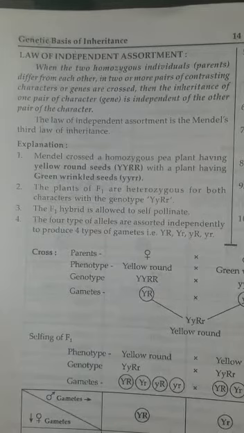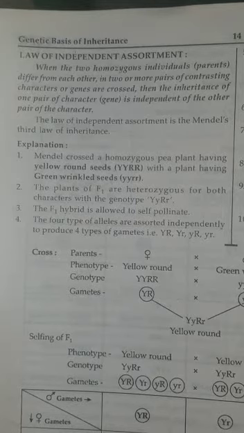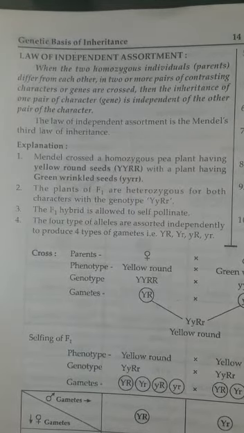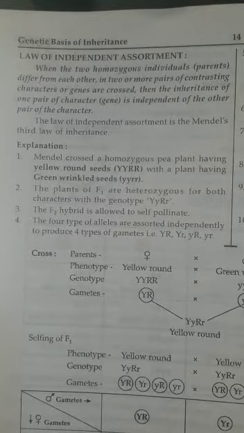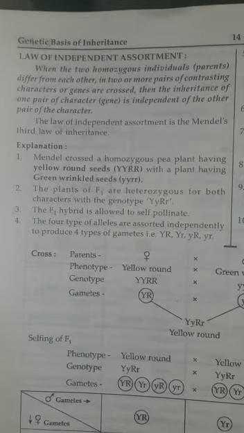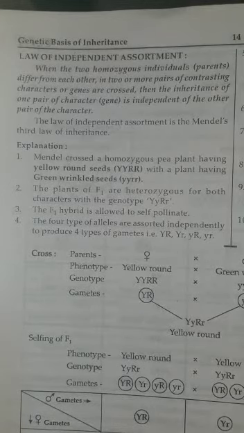In the F1 generation only the dominant character will appear, as per the law of dominance, but in the F2 generation each and every character of the body is independently assorted with another character, and this law is called the law of independent assortment.